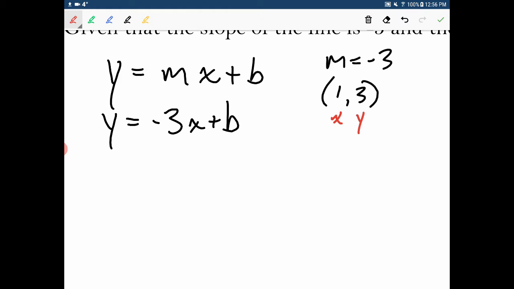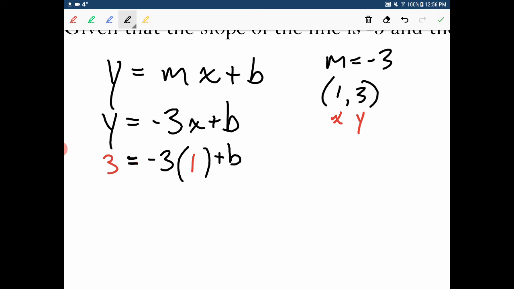So we replace our y with 3. And then we leave our -3 and replace our x with the 1. Then we still have plus b, which we do not know.